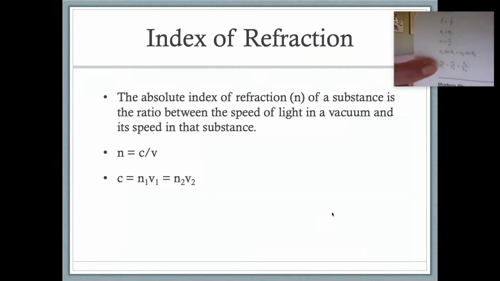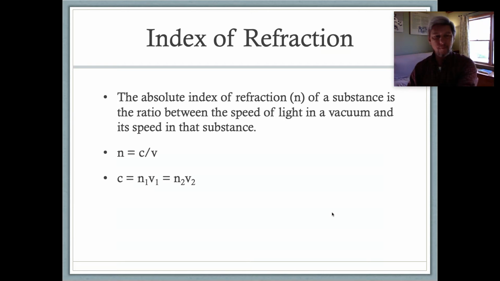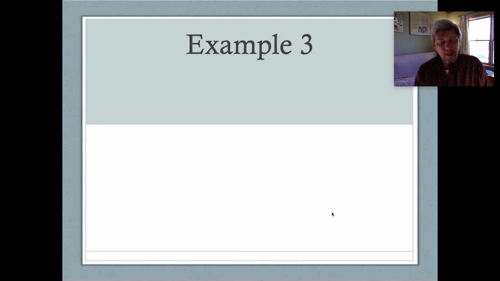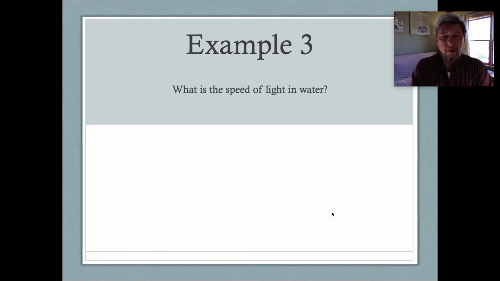And then down here on the bottom, although it's written in a different way, the absolute index of refraction of 2 over the absolute index of refraction of 1 equals the velocity of 1 over the velocity of 2. And you can also throw some wavelengths in there too, because we know that those are proportional as well. But those formulas are given to you, even if they don't look exactly like the one that you see here. So let's see how we can use these formulas in a given question.